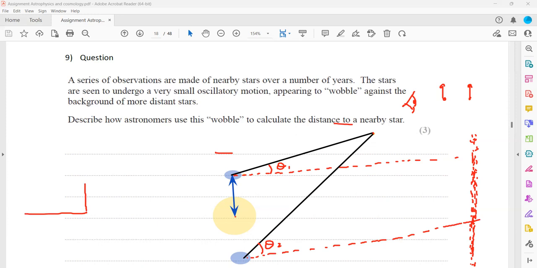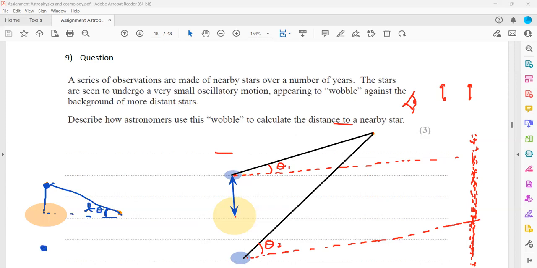To understand it in a simple way: this is the Sun, we are here, we observe the star, and this distance of one astronomical unit is d. When we observe this star, we call this angle theta.